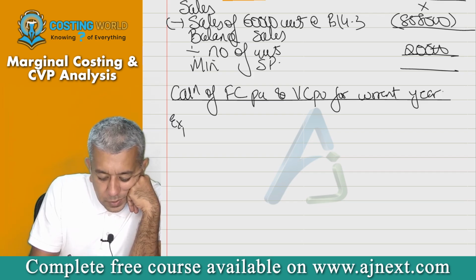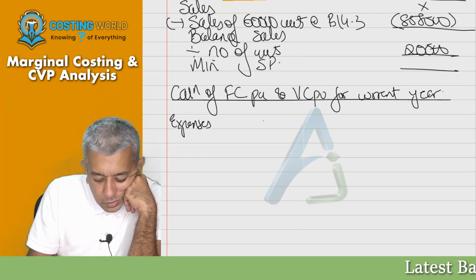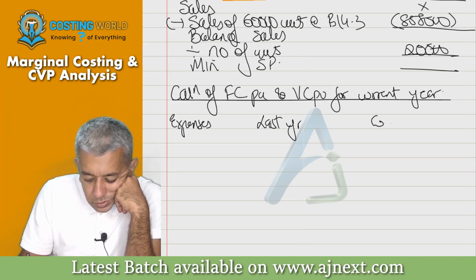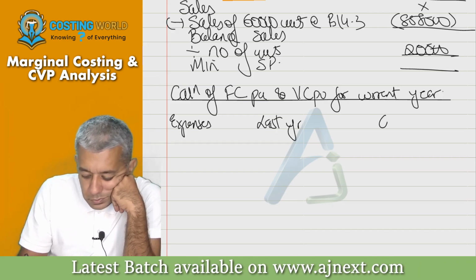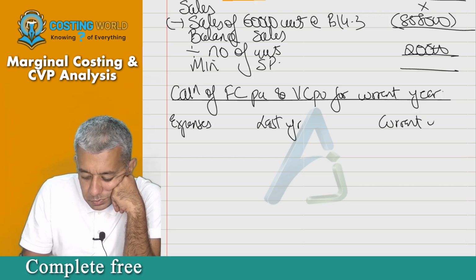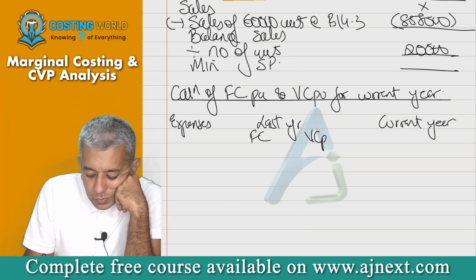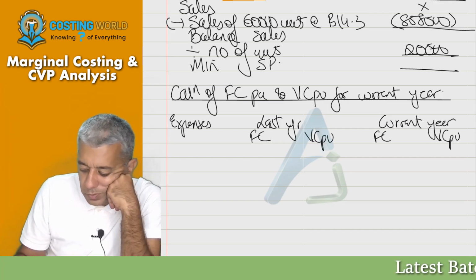Now, expenses, last year, current year. Fixed cost, variable cost per unit, fixed cost, variable cost per unit.